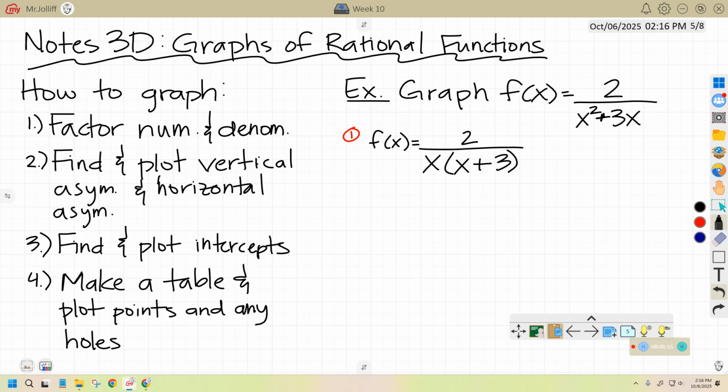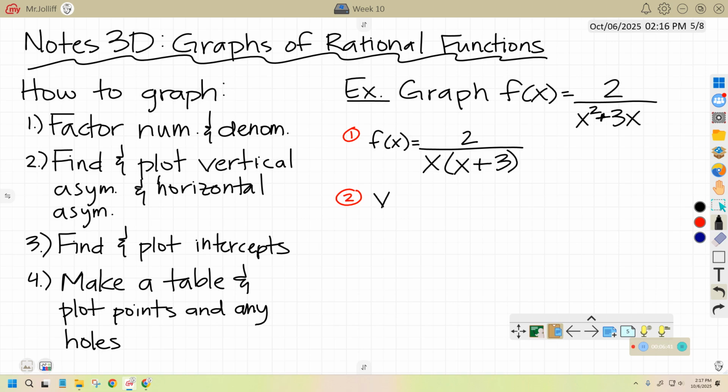Good. Second step says find and plot vertical asymptote and horizontal asymptote. So we will start with our vertical asymptote. Vertical asymptotes are the non-cancelable zeros of the denominator. The no-no zones in my domain, not allowed to divide by 0.